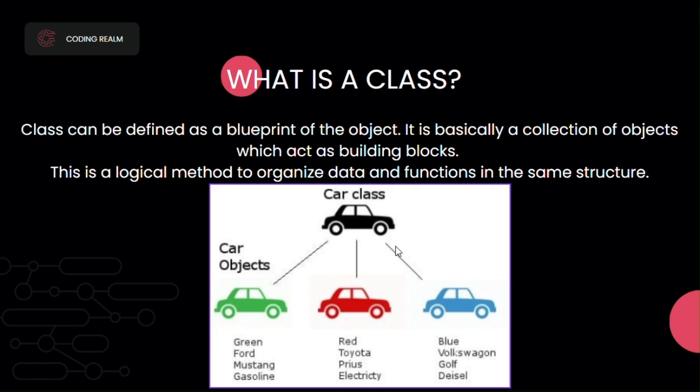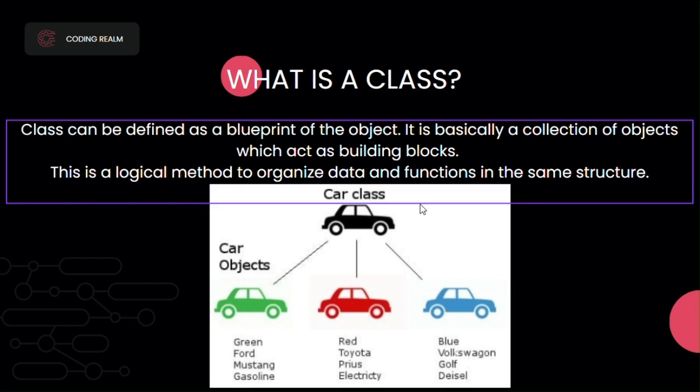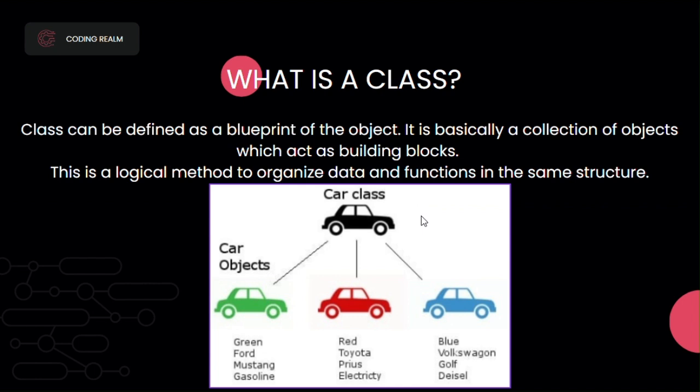Like here, we have a class named car class, and in this class we have three car objects. The first car is green. It represents the data of the car: green, Ford, Mustang, and gasoline. The second car is red.